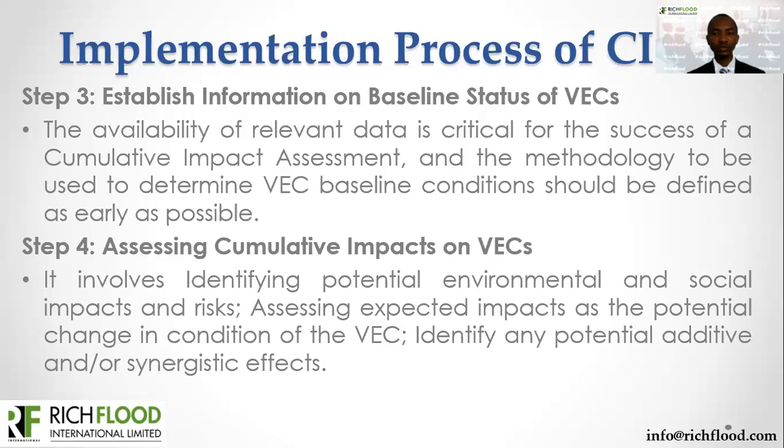Also, an example of this is that during environmental and social impact assessment, intensive and detailed field survey of the soil, maybe the vegetation and the fauna may be required in order to assess the direct impact of these projects on the different environmental components. But the cumulative impact assessment may require expanding the geographical boundary, considering that we now have different projects or an increase in the impact or the risk of this project.